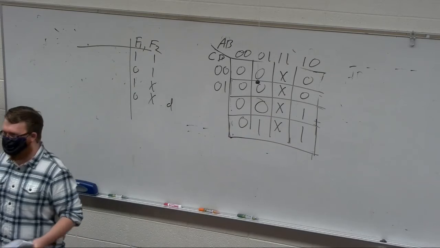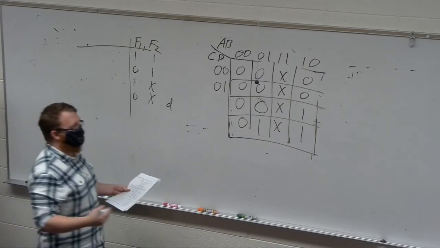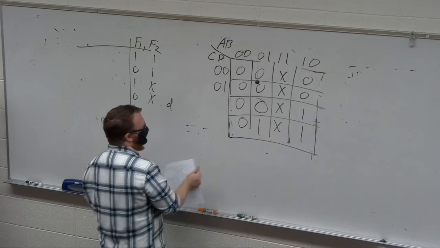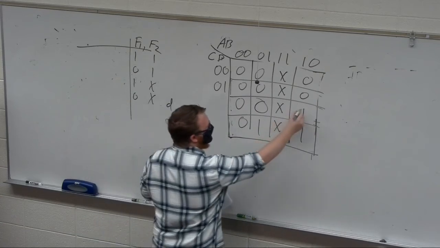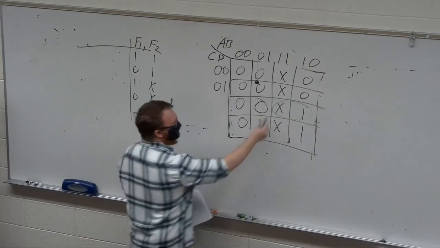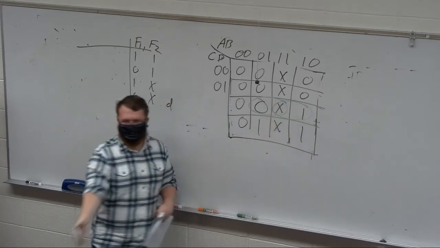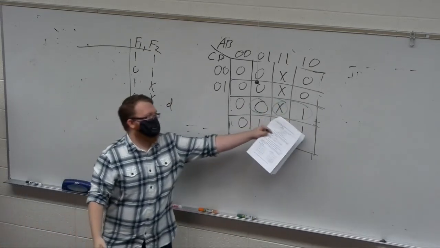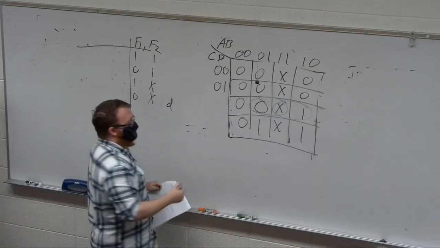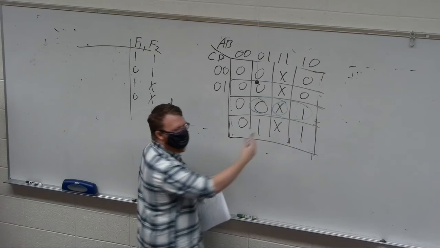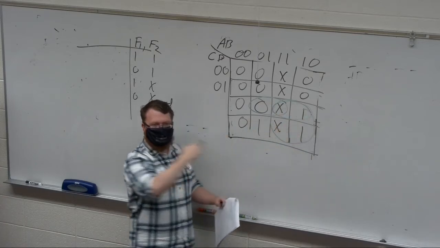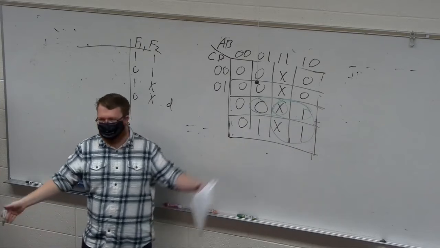The nice thing with the don't care is it can either be grouped with the ones if you're doing it that way, or grouped with zeros if you're doing min terms or max terms, right? The X can be whichever one you want it to be. So ultimately, if I'm doing min terms, this big square here, perfectly allowable. So don't care, I don't care what they are.